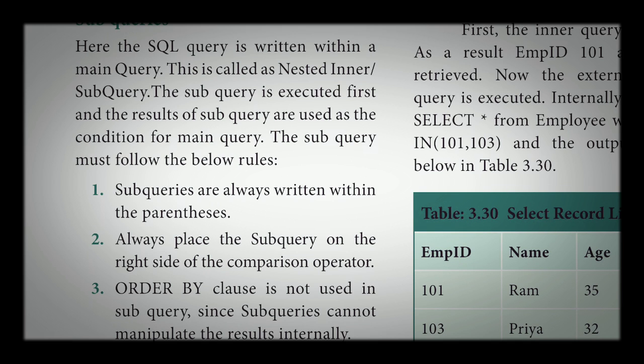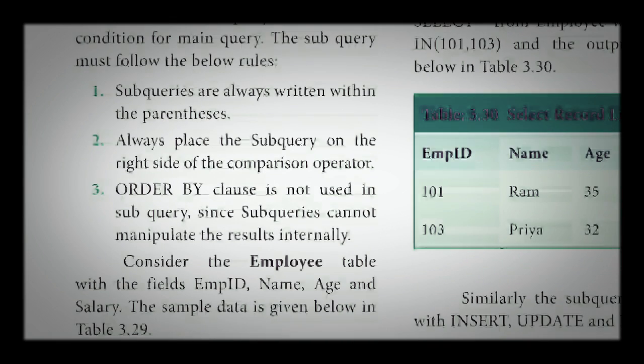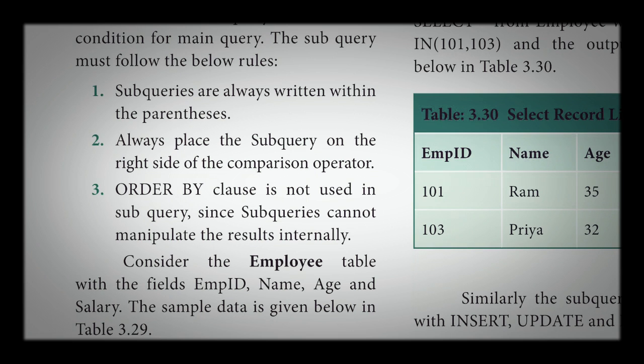The subquery must follow these rules. Subqueries are always written within parentheses. Always place the subquery on the right side of the comparison operator. ORDER BY clause is not used in the subquery, since a subquery cannot manipulate the result internally.